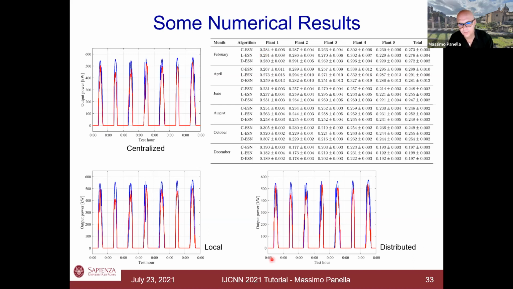And in effect, we proved that the distributed approach has a performance that is close to the centralized one, where all data are collected into a centralized computing system. But this approach is sometimes not feasible, for privacy issues, for communication issues, and so on. But the performance is better than the local approach.